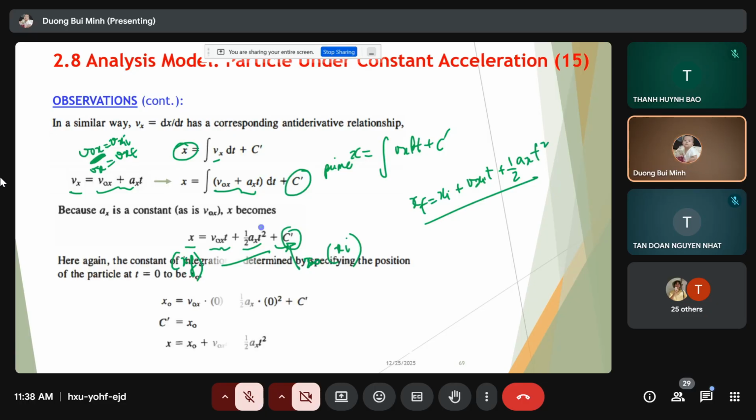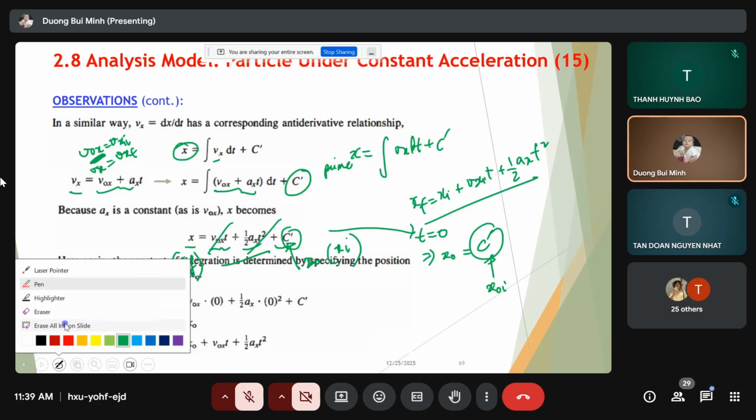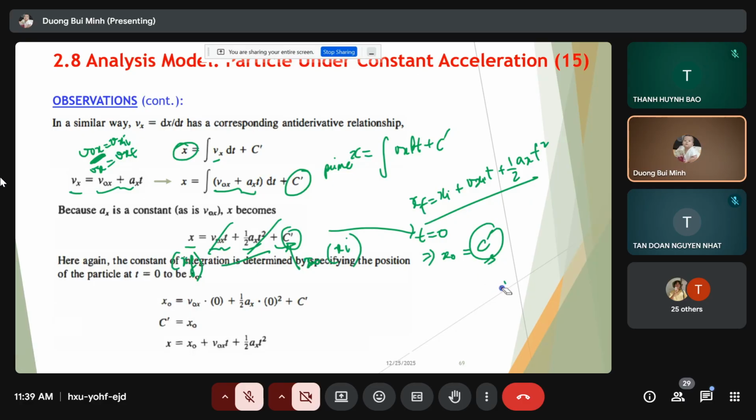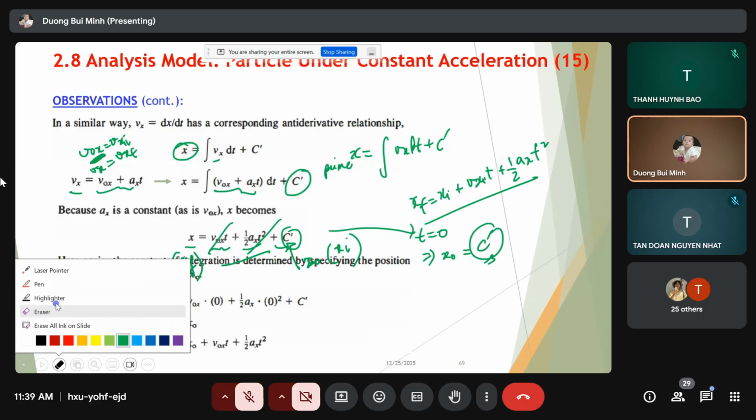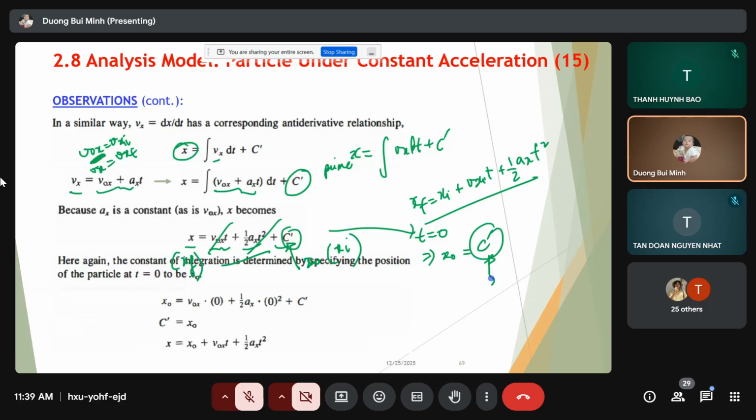So yes, we can use calculus. And then if you let t be 0, we skip this term and keep this one, so x0 is c prime. That is the reason I say c prime is xi. Okay, that's all.